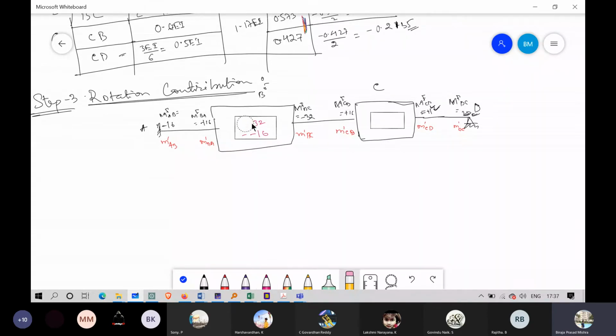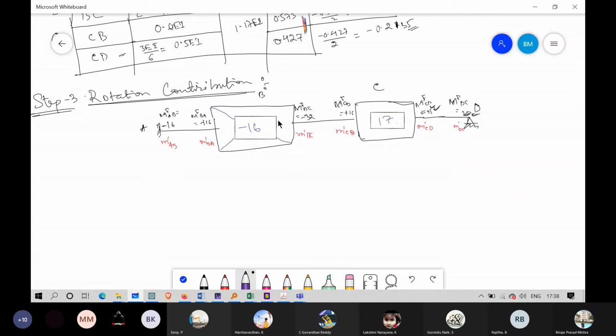Okay, so I'm erasing this part and simply writing minus 16. Now what value will we write here? Who can tell? It will be MFCB plus MFCD. So it is 16 plus 1 equals 17. So I am directly writing the value as 17 over here.